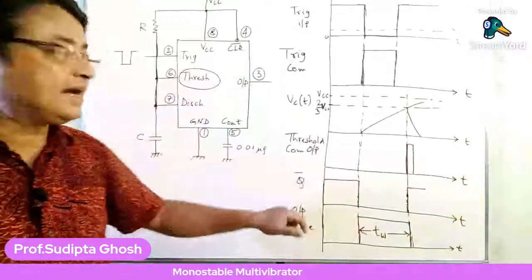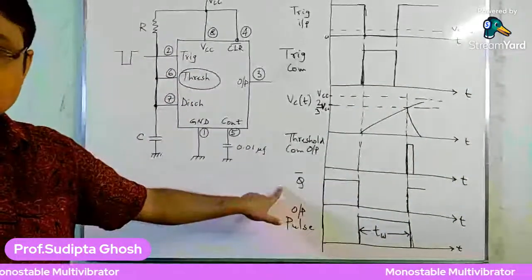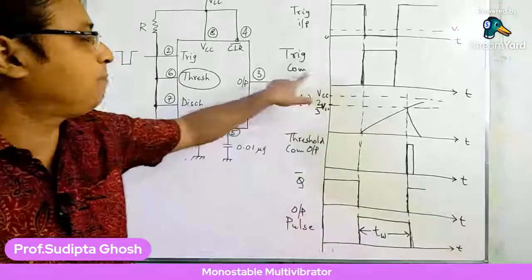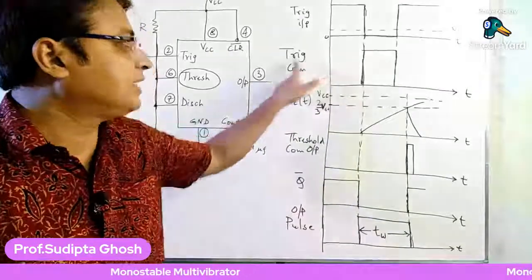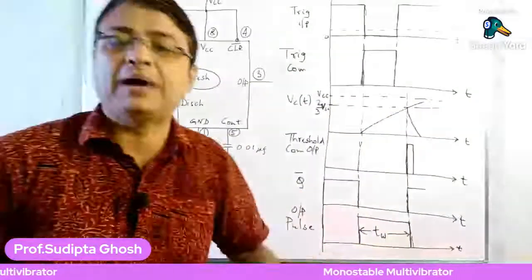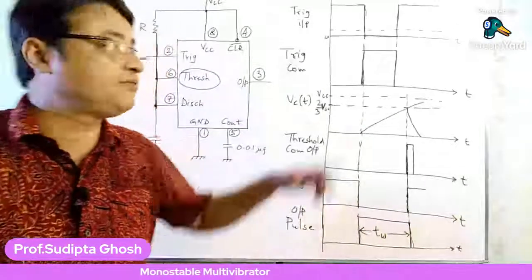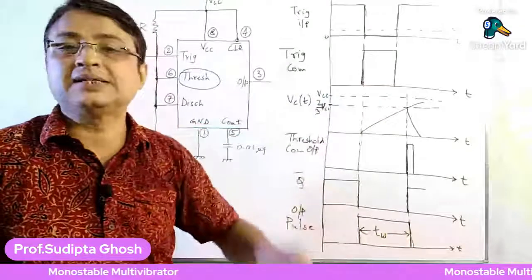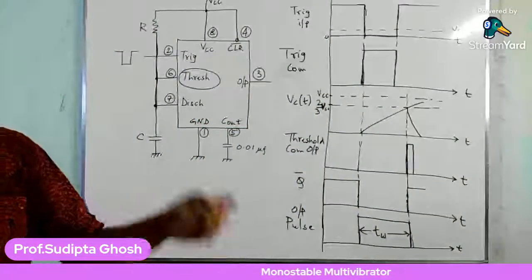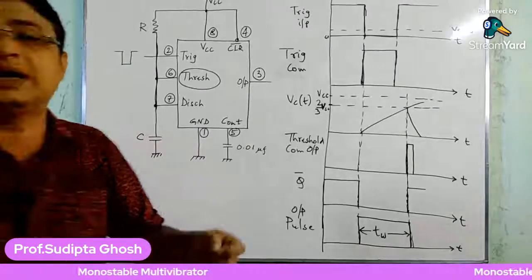Okay, so that is the time I have drawn the Q bar value, and as you can find, while the trigger comparator is low, Q bar is high. As the trigger comparator goes high, it makes the set input high, which actually makes a high at the output of the 555 timer, and as a result Q bar is low.